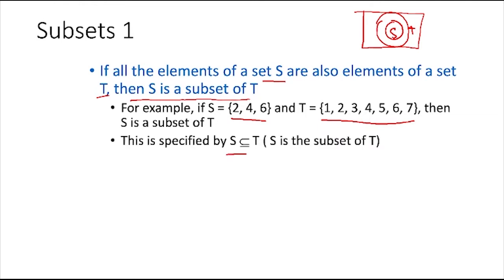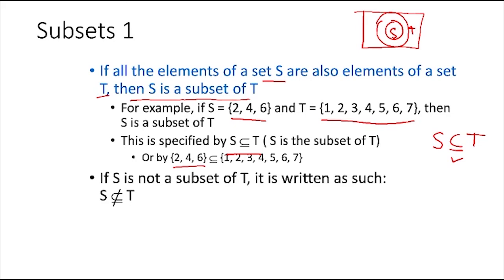Represented by this, you have to remember this notation. S is a subset of T. This is the notation that you have to remember, right? Or 2, 4, 6 is a subset of 1, 2, 3, 4, 5, 6. But in the same manner, if I'm saying S is not the subset, first you have to write down the subset symbol and then cross it.